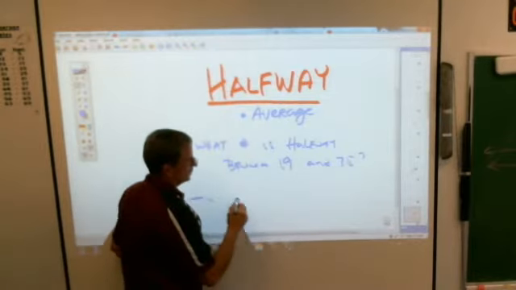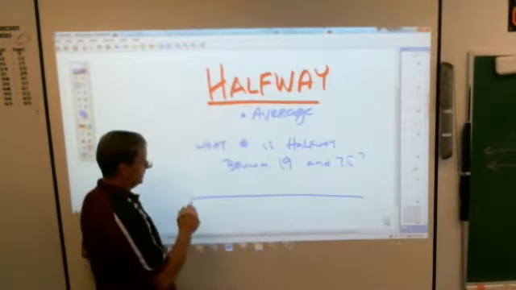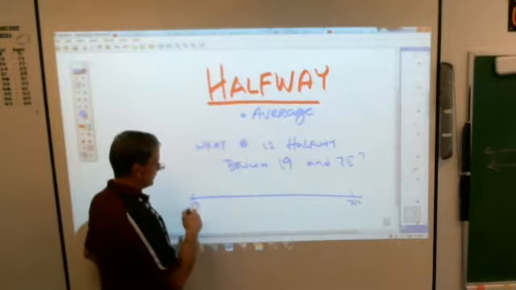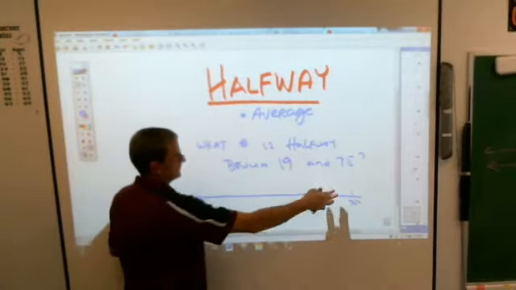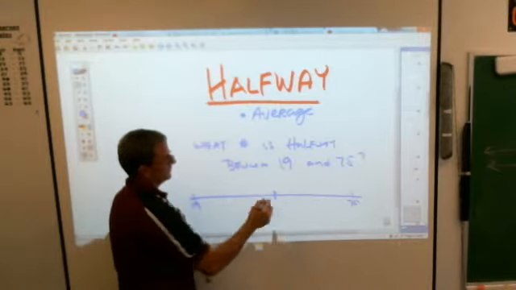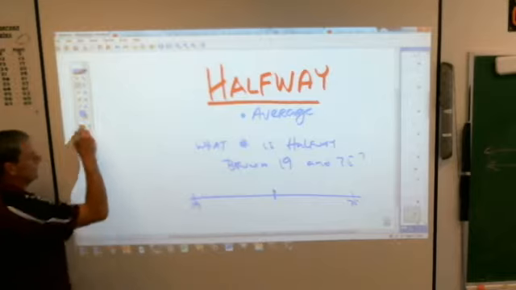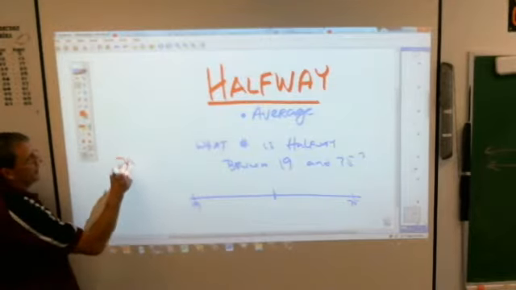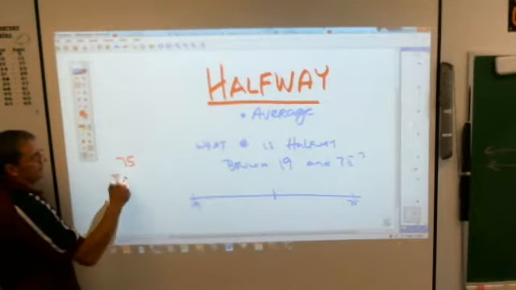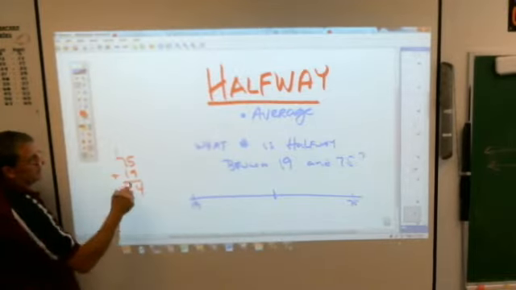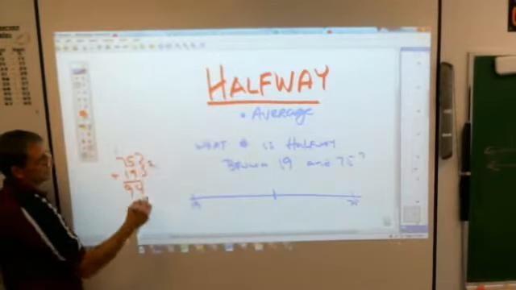I suppose you could draw a number line and put 19 on one end and 75 on the other and keep counting back until you get to where they're gonna meet somewhere in the middle, but that's gonna take you a long time. The easy way to do it is just to take 75, add 19 to that, and cut it in half because there's two numbers there.